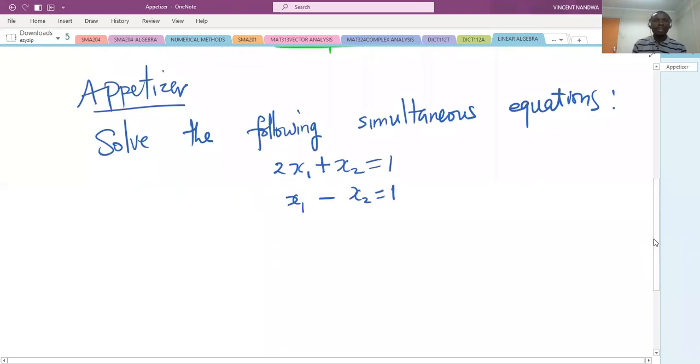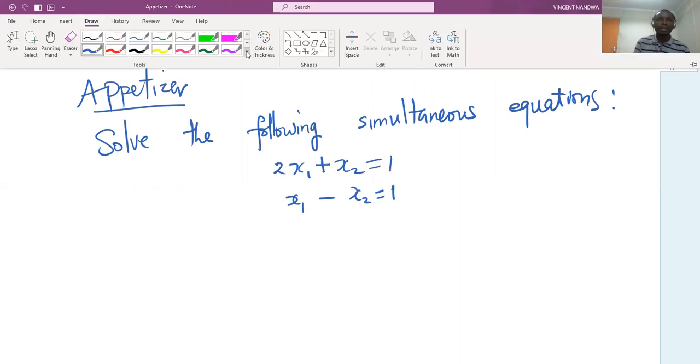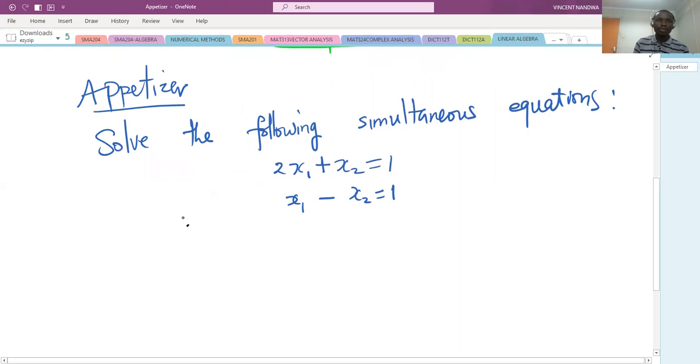There are various ways you can solve this. You can use elimination, substitution, or graphical methods, whichever you like, as you did in your lower years.